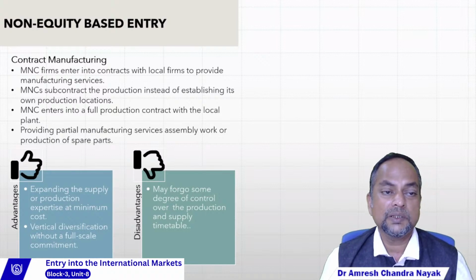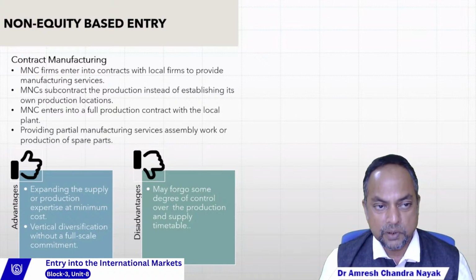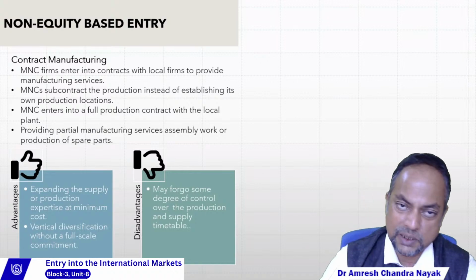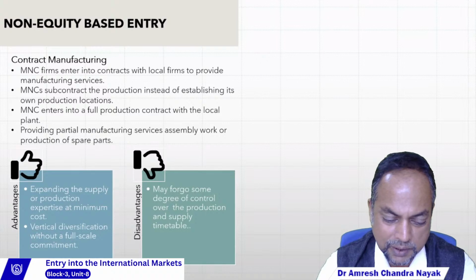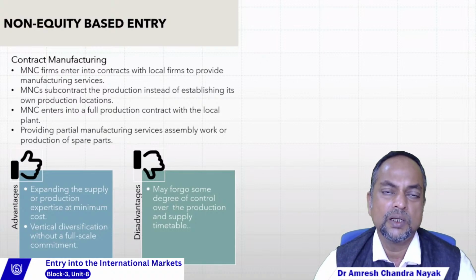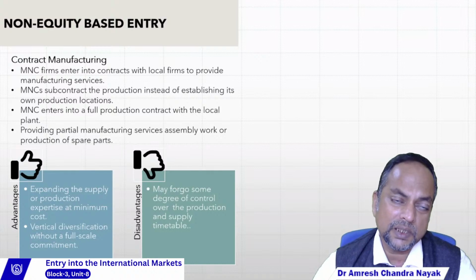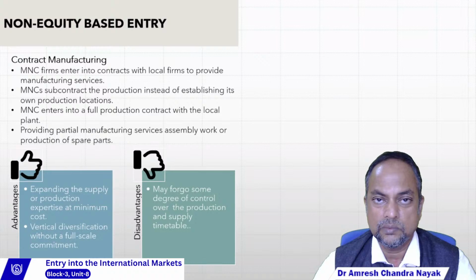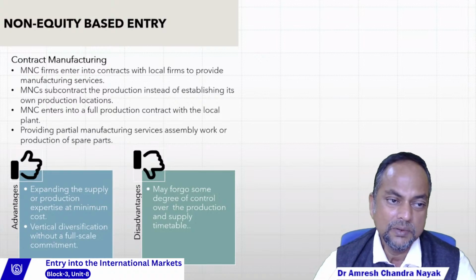So these MNCs can subcontract the production instead of establishing their own production locations and manufacturing processes. One part. MNCs can also take over the full production, in contract with the local plant itself.